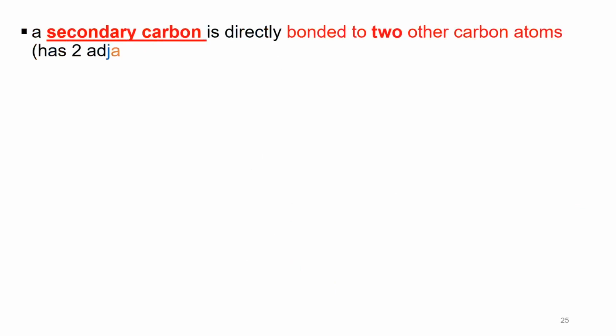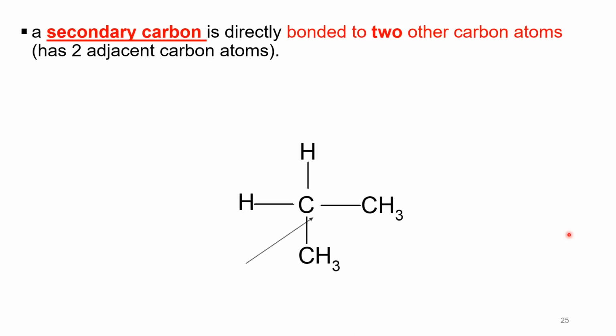Next is the secondary carbon. A secondary carbon is directly bonded to 2 other carbon atoms, or has 2 adjacent carbon atoms. Look at this example.